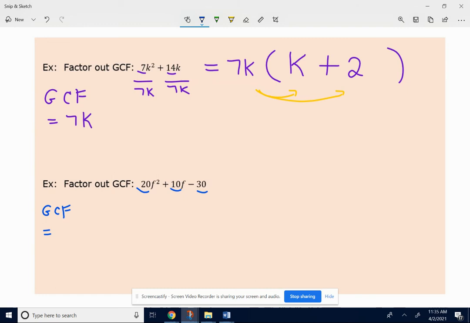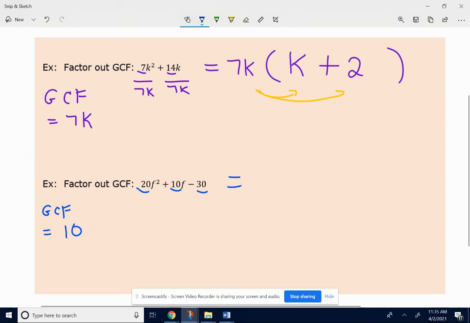That'd be 10. Now look for any common variables. I have f to the second, I have f, but I don't have any f over there. f is not common to all three parts, so I'm not going to include that at all in the greatest common factor. So my greatest common factor is simply 10.